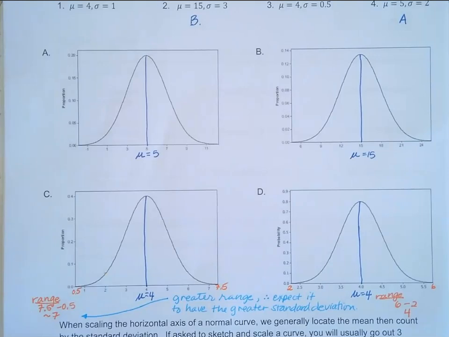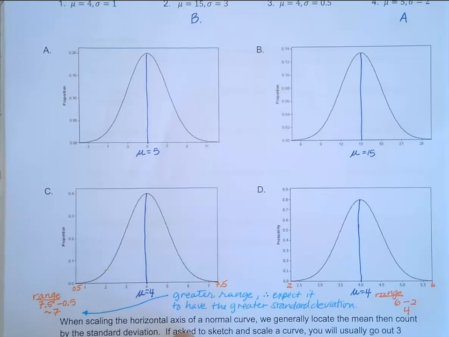If it has the greater range, it's more spread out, and if it's more spread out, it's going to have the greater standard deviation, right? Because standard deviation helps us identify how spread out the data is. Would you guys agree with that statement? Okay.